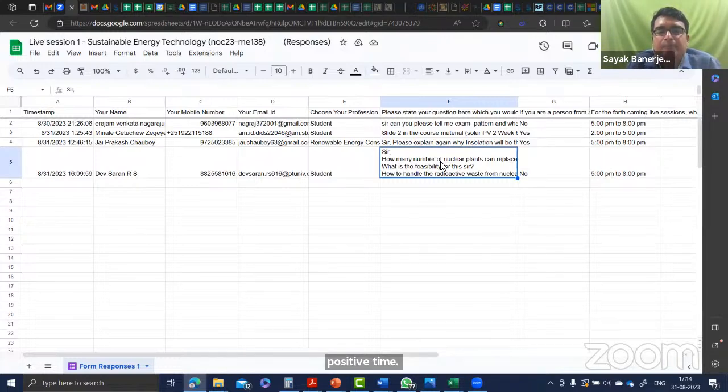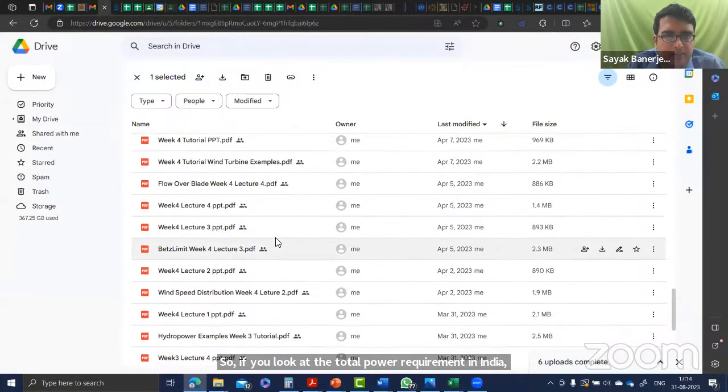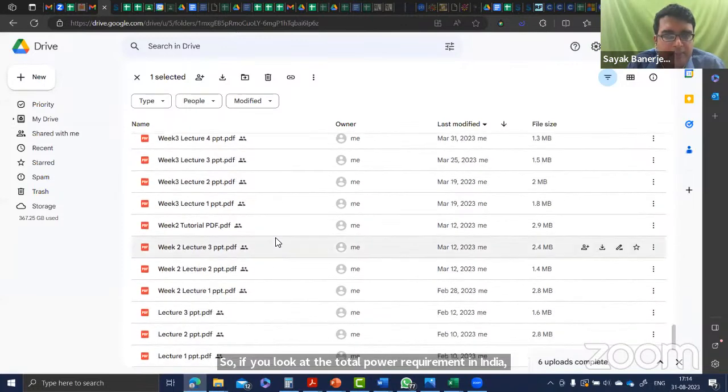But you will require a lot of uranium fuel to replace all the thermal power plants. So if you look at the total power requirement in India, we have that curve.